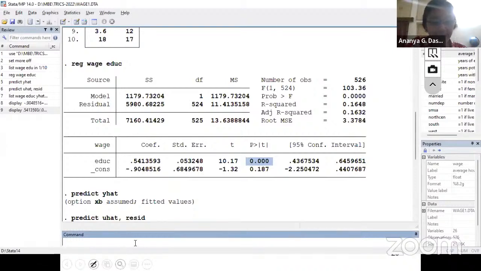Let me write out a model where I am regressing wages on years of education, on years of experience, and on tenure, where tenure is the number of years that a person has been with the current company. And let's say I also have a dummy variable called female.